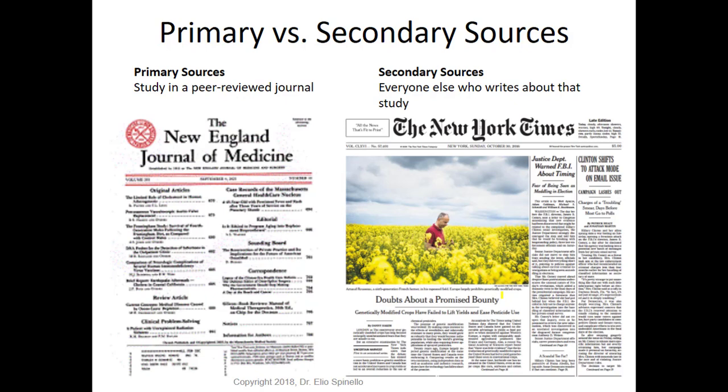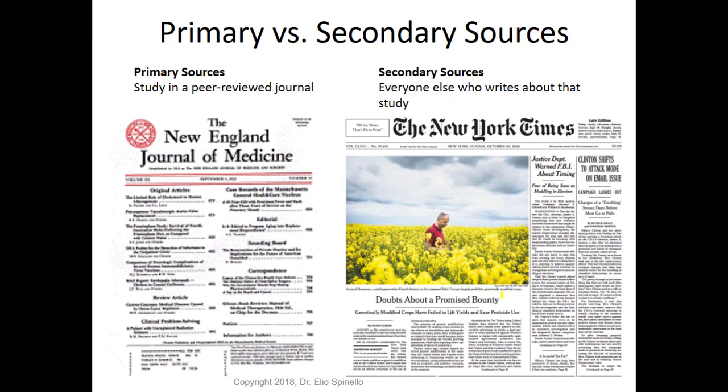Secondary sources are everybody else who writes about the study, or talks about it or reports on it. So if you think about things like newspapers, cable news channels, internet websites, everything else where they may talk about a study that was published in a particular journal, those are all secondary sources.